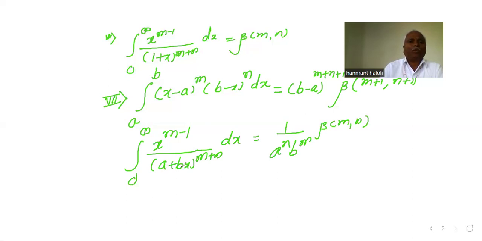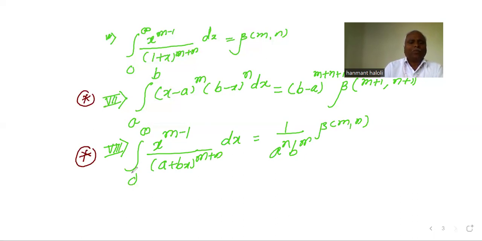So here put a equal to 1, b equal to 1, and we get property number 6. These are standard properties that you can keep in mind, and from them you can solve any property by putting a equal to b equal to 1.